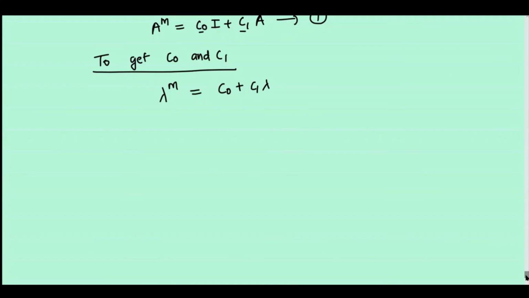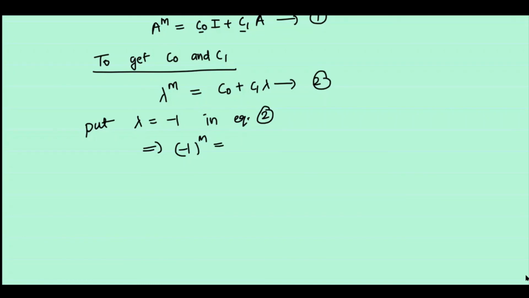Suppose we mark this as equation number 2, and our eigenvalues are -1 and 2. So first we put lambda equal to -1 in equation 2. So from here we will get (-1) raised to m equal to C0 minus C1. So we got one equation. I mark it as equation number 3.